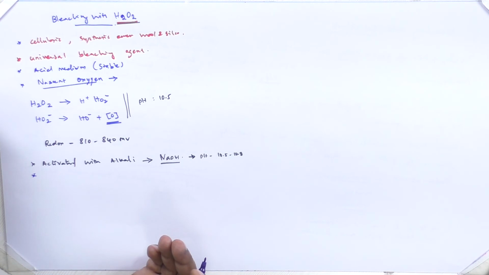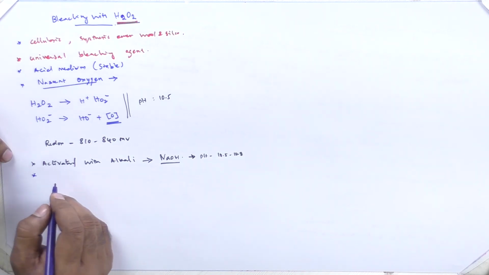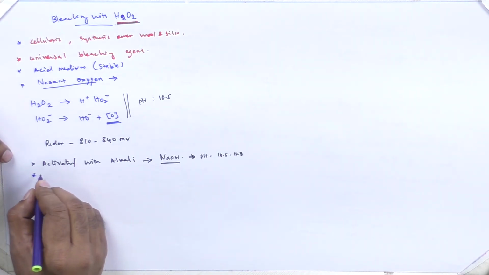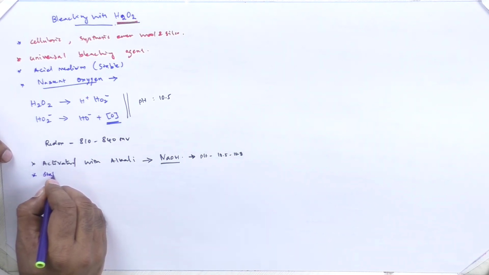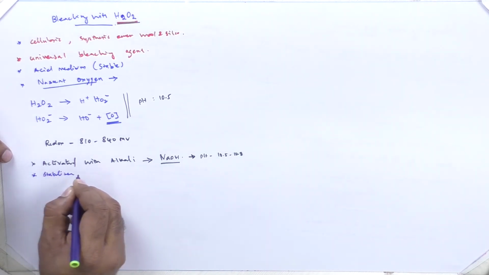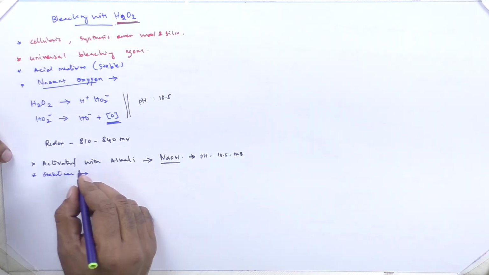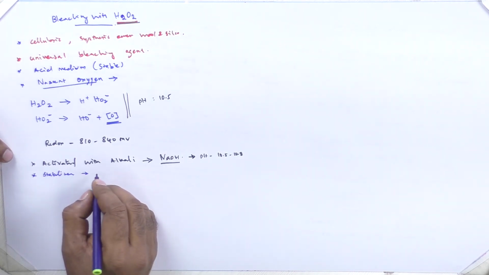So we need to stabilize the perhydroxyl ions by adding a stabilizer into the bleaching bath. Normally for stabilizing we use sodium silicate.